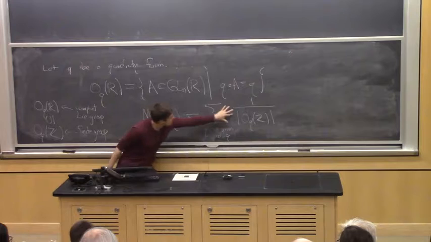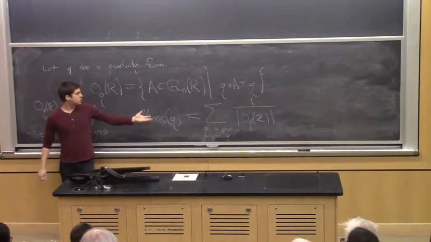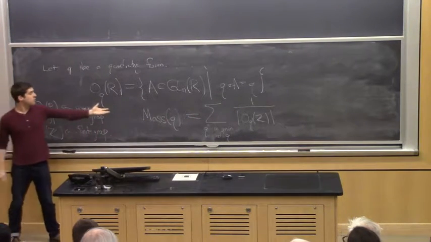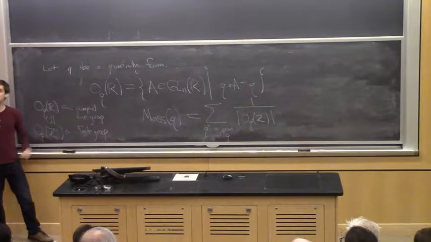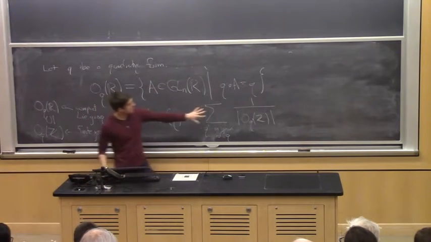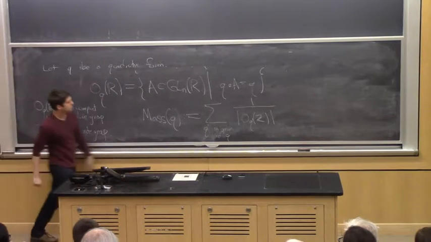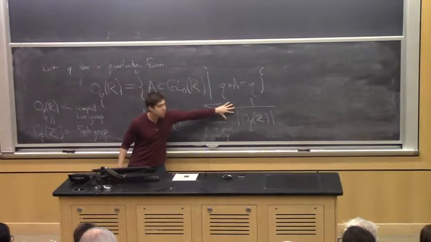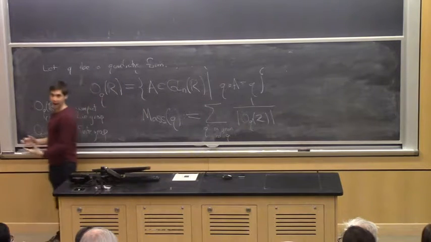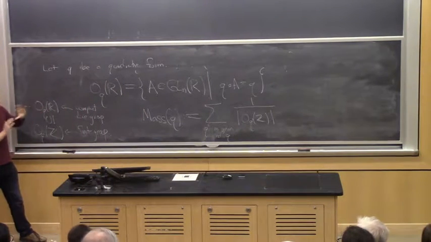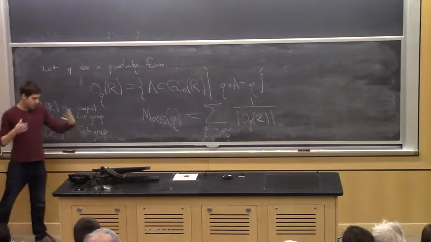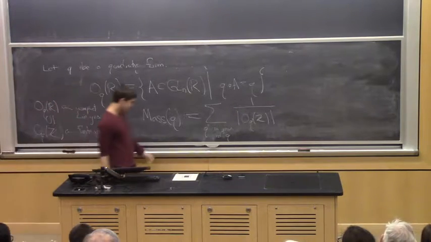If you ignore the denominator, I would just be counting the number of equivalence classes of quadratic forms in the genus of Q. But these denominators here, meaning you're counting them with multiplicity, where the multiplicity is 1 over the number of symmetries that that quadratic form has. And this is a very natural way to count objects when those objects have some symmetries.